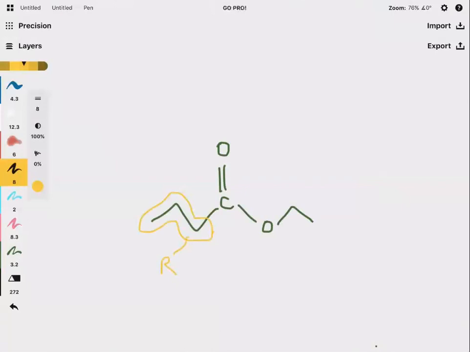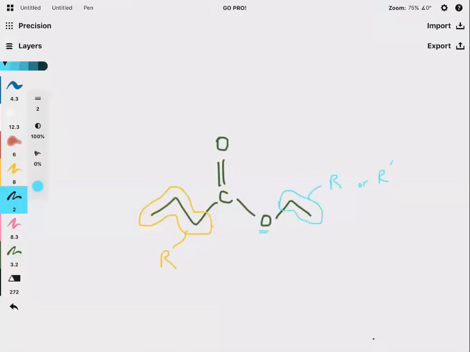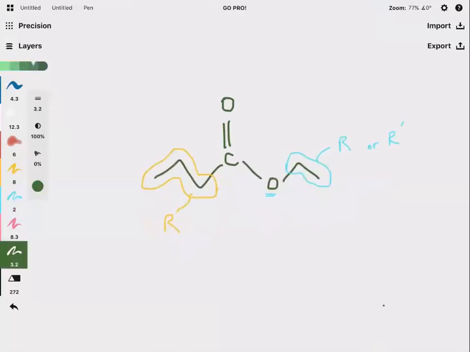Remember we said R is anything that's not an oxygen or a hydrogen? And this stuff right here, the CH2, CH3, that's bonded to this oxygen, that's just another R, or R prime, however you want to think about it. So what I drew here was an R carbonyl OR. So what we drew was an ester.